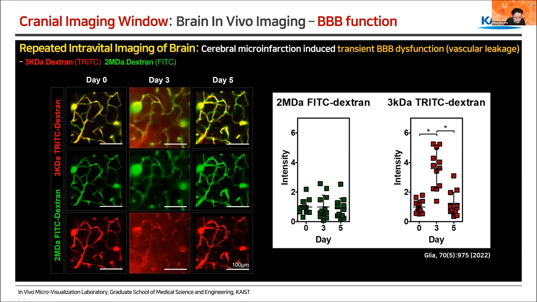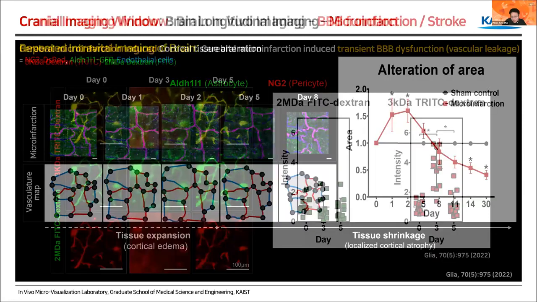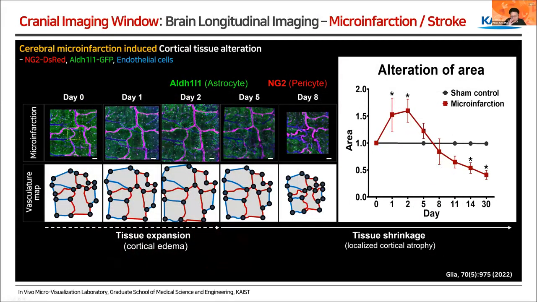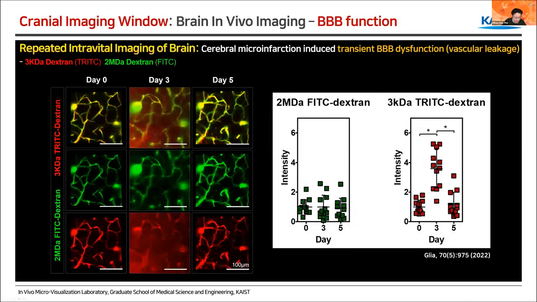It should not happen in a healthy condition. So this is before the induction of the micro-infarction. After the stroke induction, we can see the transient dysfunction of the BBB. But later at day 5, the edema was reduced, and at the same time the BBB function was recovered.